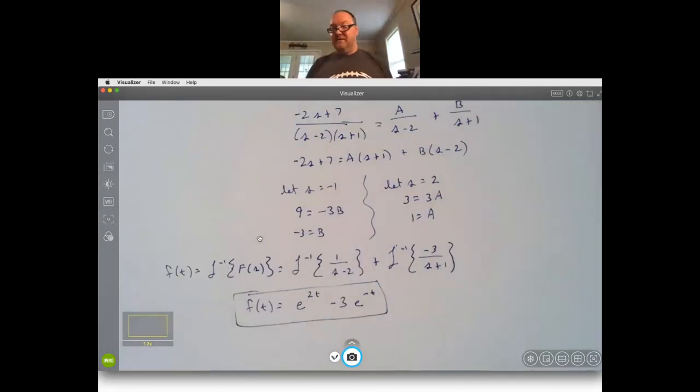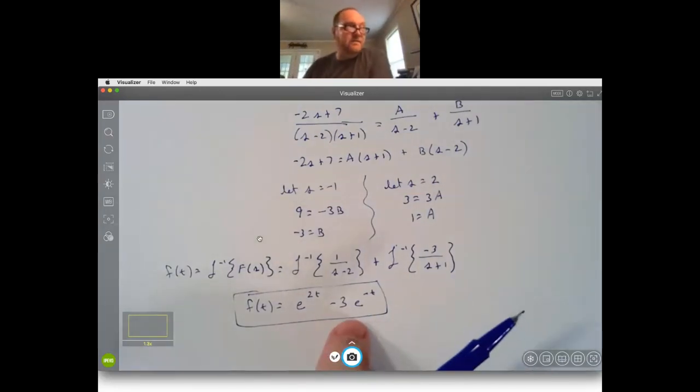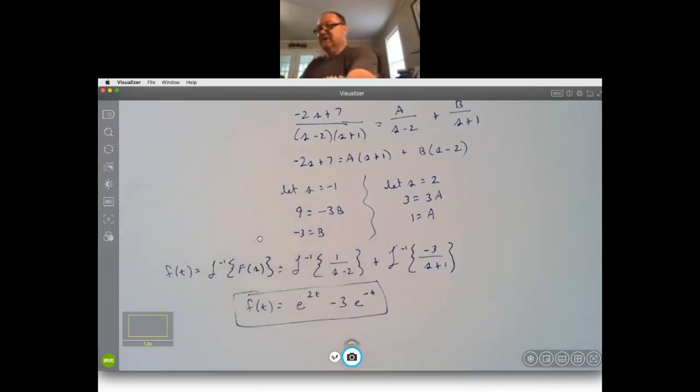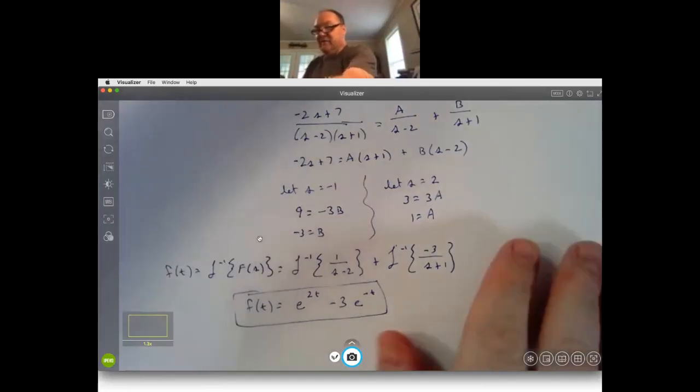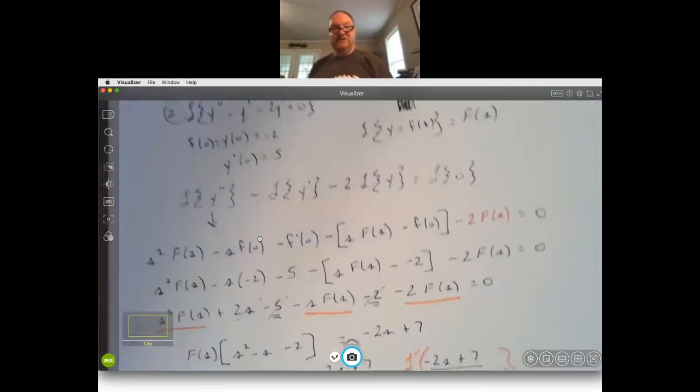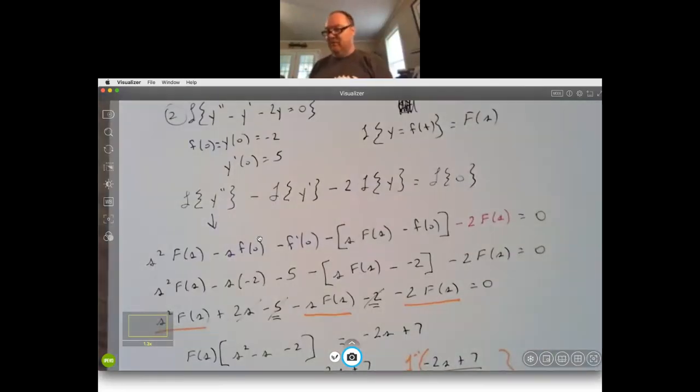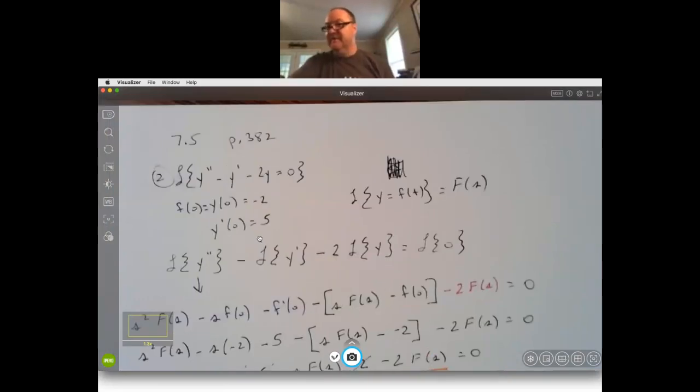So our claim is that this f of t function satisfies the original differential equation. Again, it took me a whole page to get there, but I mentioned earlier, this is not one I probably would have wanted to use that with to begin with.